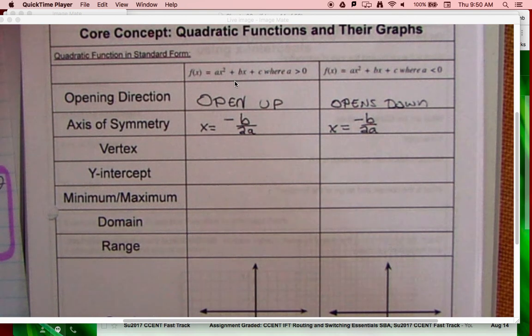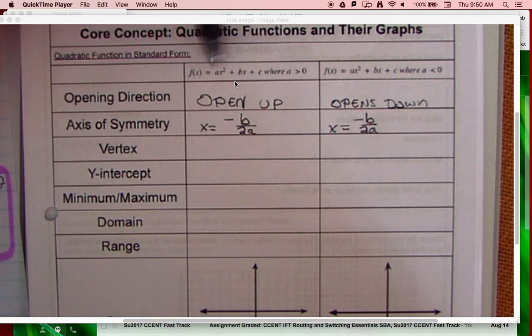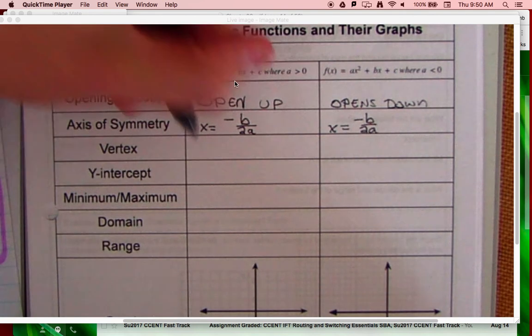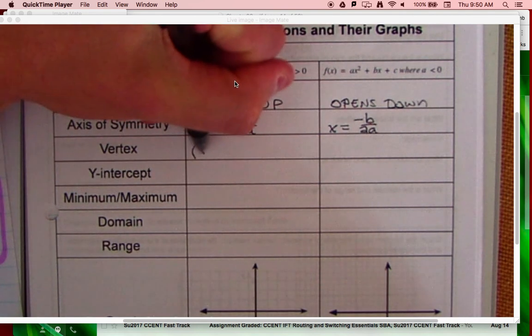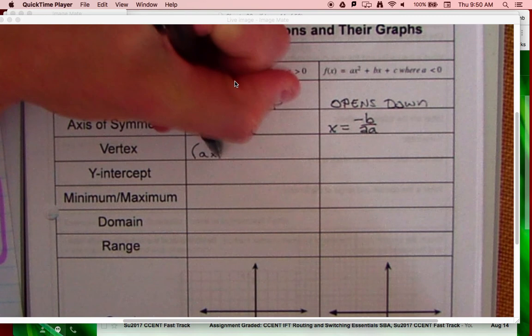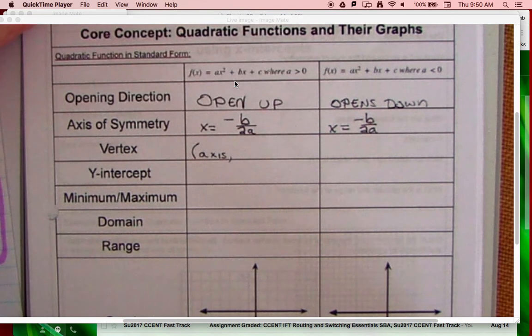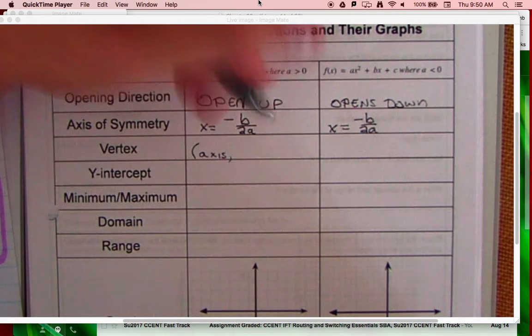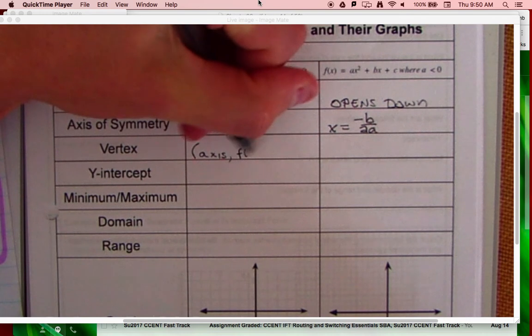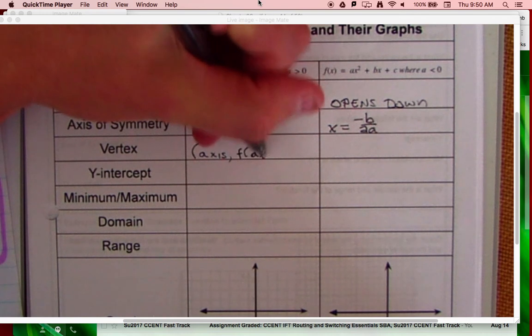To find the vertex, which is an important point, it's the lowest point if it opens up, the highest point if it opens down. If I give you this function right here, we know it's going to be a coordinate, and the x-coordinate of the vertex is going to be your axis of symmetry, like we discussed earlier. Now the y-coordinate is going to be f of the axis.